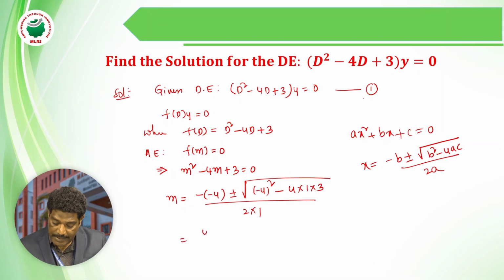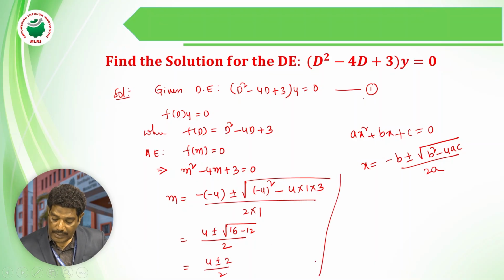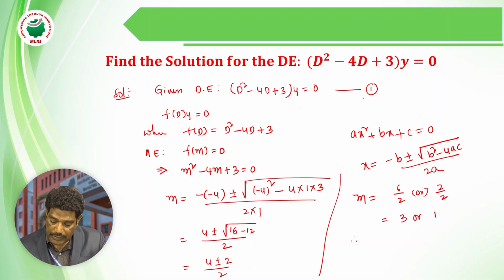Then 4 plus or minus square root of 16 minus 12, by 2. 16 minus 12 is 4, square root of 4 is 2, so 4 plus or minus 2 by 2. Either you get 6 by 2 or 2 by 2, then you get the roots 3 or 1. Therefore the roots are 1, 3.